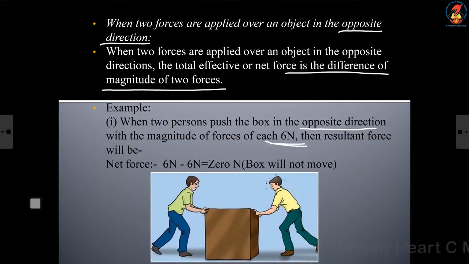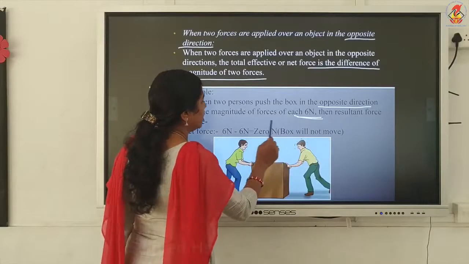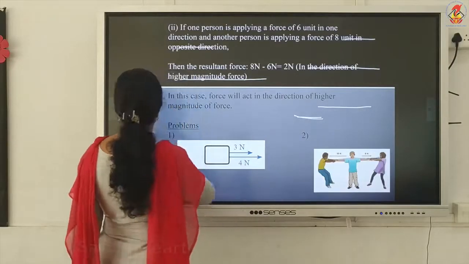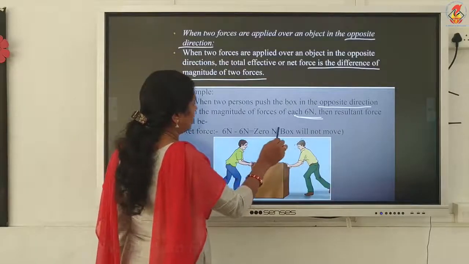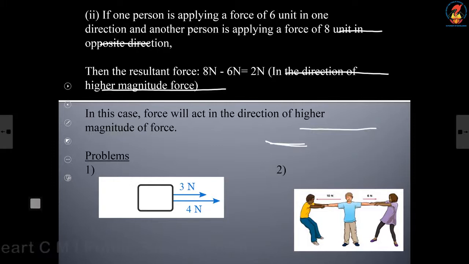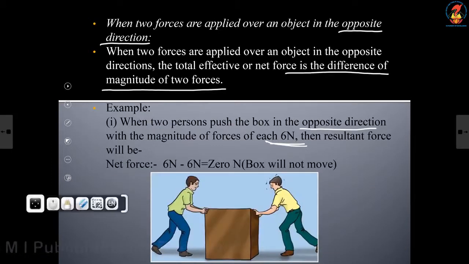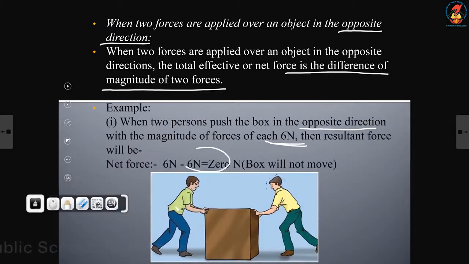So we need to take the difference, which means minus. 6 Newton minus 6 Newton, you will get the answer as 0 Newton.